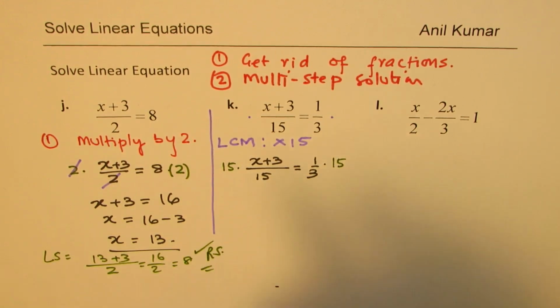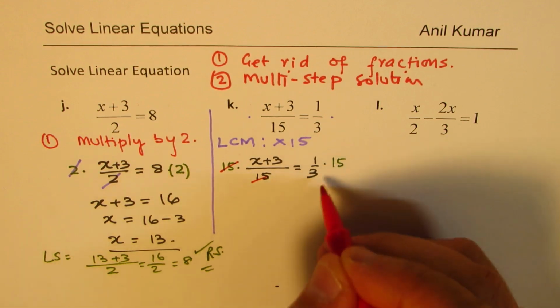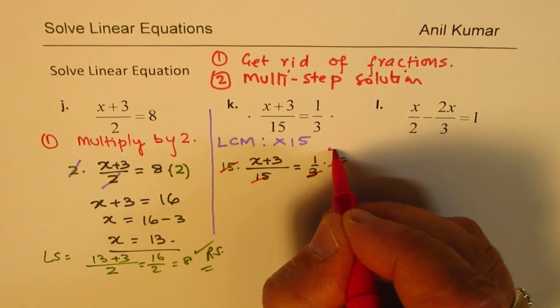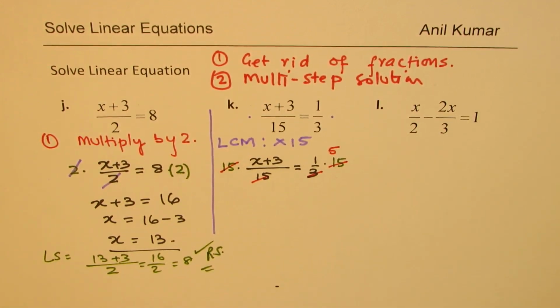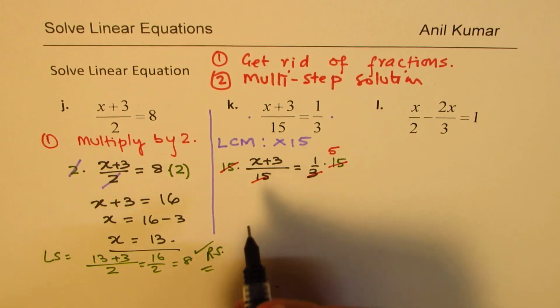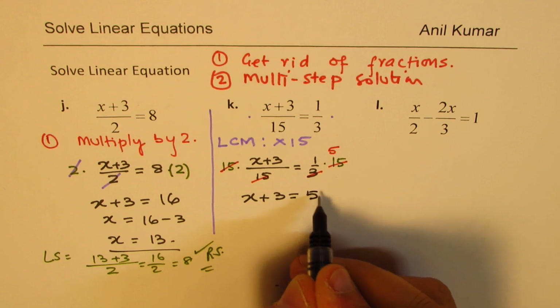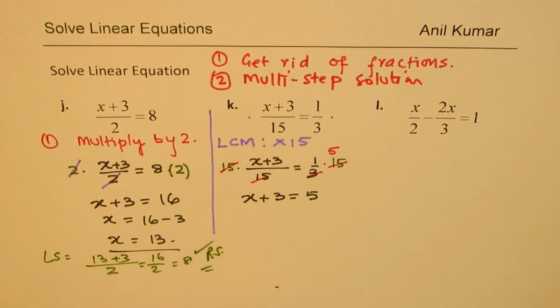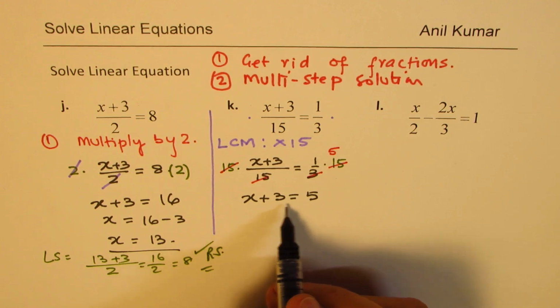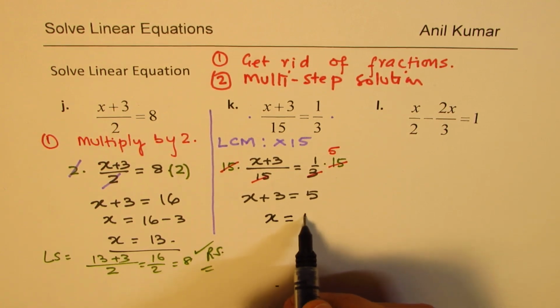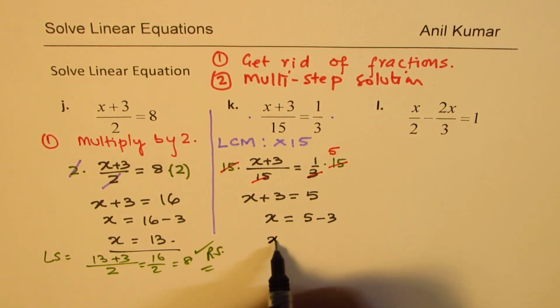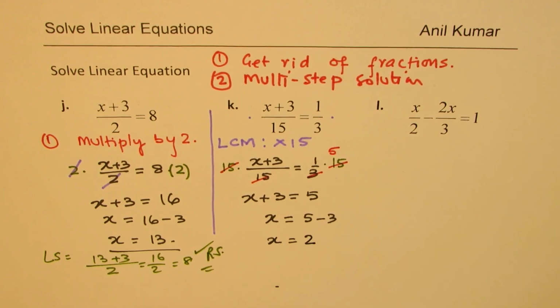So the 15 on the left side cancels, and here 15 goes but 5 remains. 3 times 5 is 15. So now we have an equation which is x plus 3 equals 5. These are equivalent equations. Now we'll do the second step and we get x equals 5 minus 3, and we get the solution x equals 2.